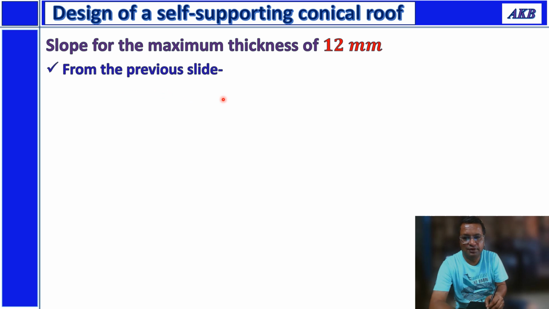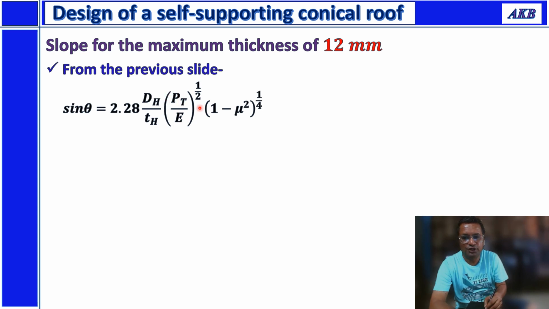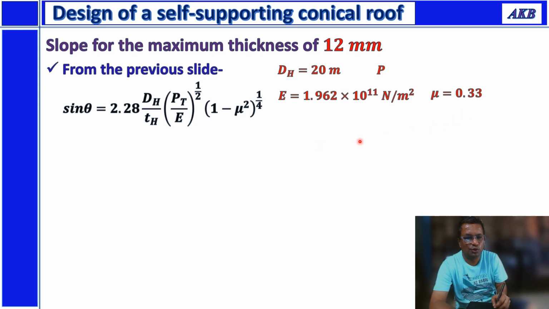From the previous slide, you had this equation: sine theta is equal to 2.28 into dh upon th into pt upon e raised to 1 by 2 into 1 minus mu square raised to 1 by 4. dh is 20 meter, e is 1.962 into 10 to the power 11 Newton per meter square, mu is 0.33.